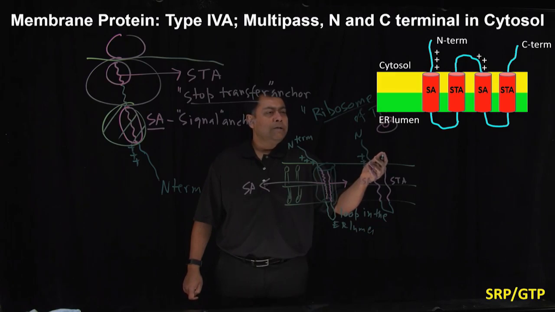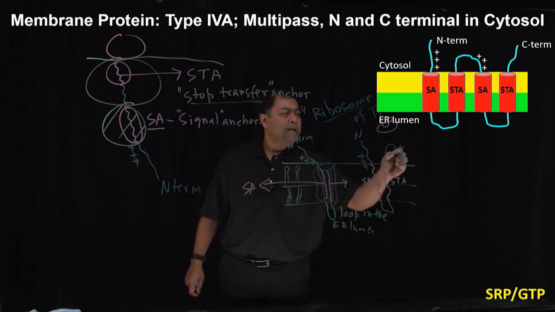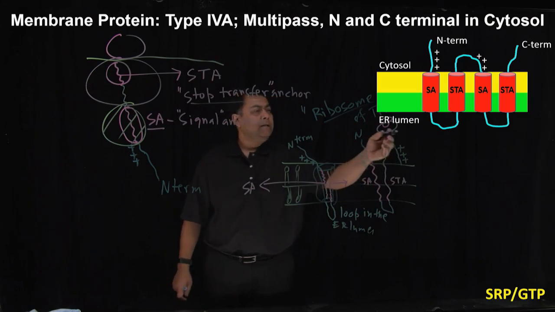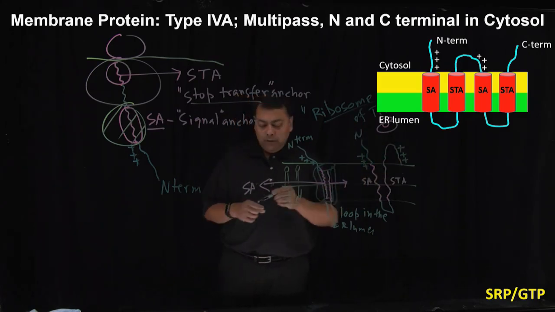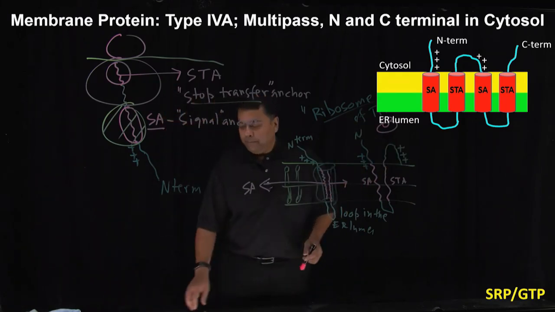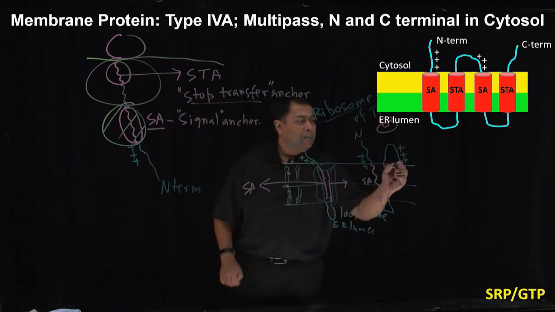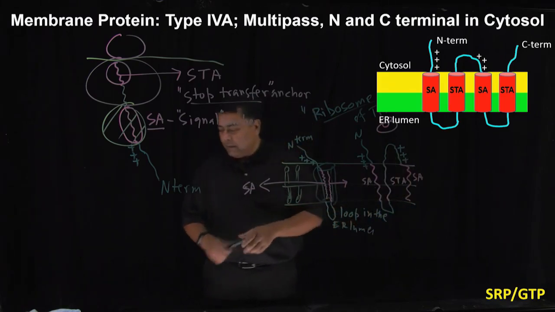So now what you are going to see is that this is synthesized, and again there will be some plus sequences, and these plus sequences mean that this will not go into the lumen of the translocon. This will be followed by another signal anchor sequence. And why do we need another signal anchor sequence?